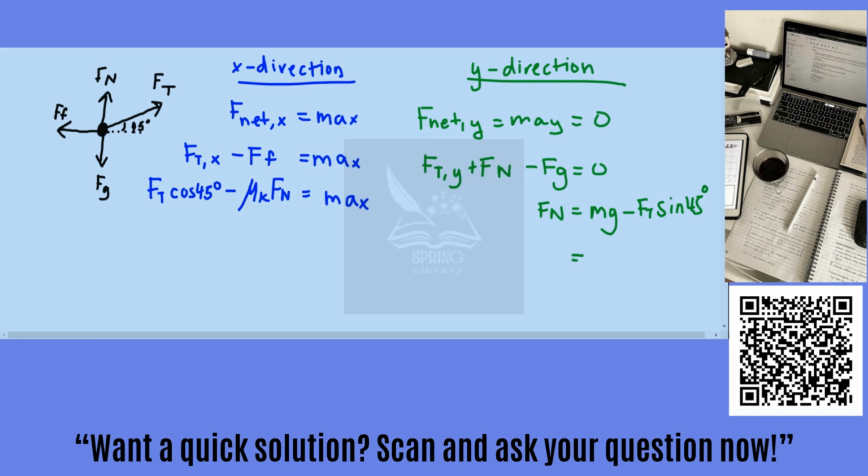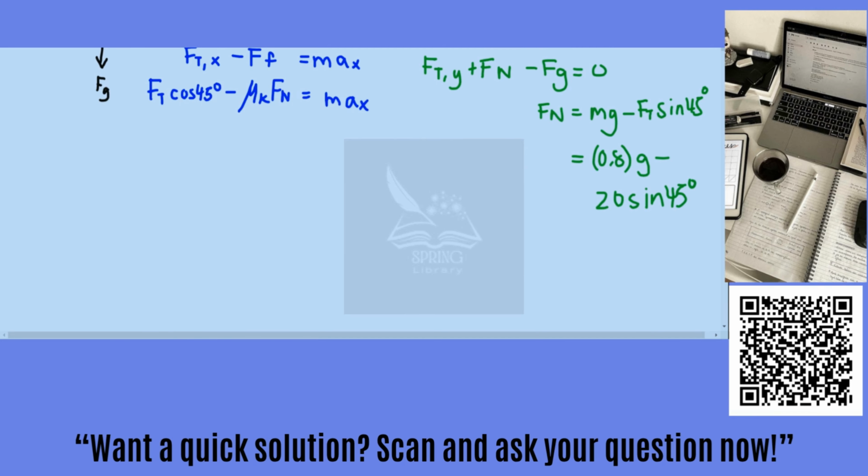So instead of substituting in 800, I'm going to do 0.8 because it needs to be in kilograms. So 0.8 kilograms times g minus 20 sine 45.